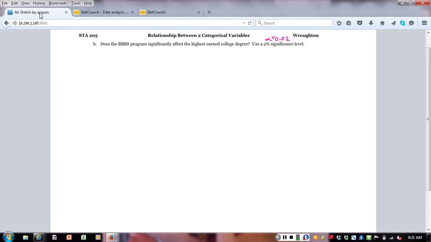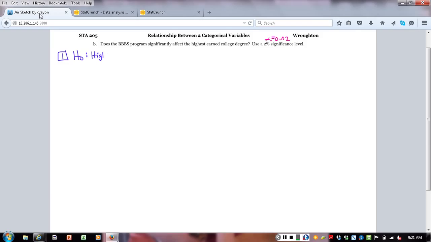So same 5 steps for a hypothesis test, they just look a little bit different. So our first step are the hypotheses. Our null hypothesis will have the idea of them being independent of each other here. The response variable is my column variable, so we're looking at the degree for that one.